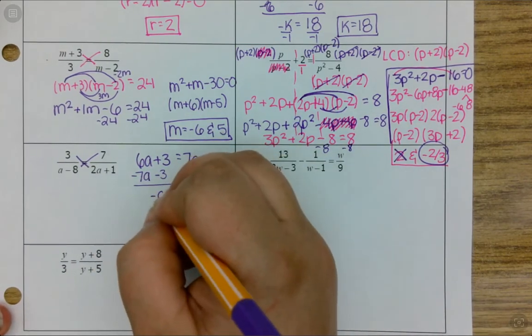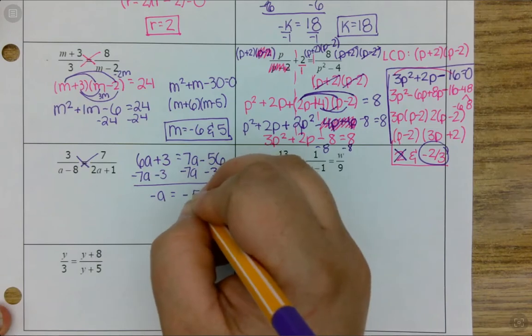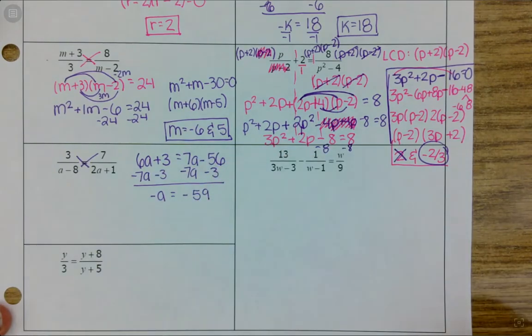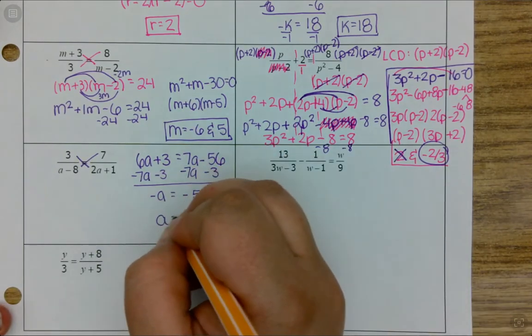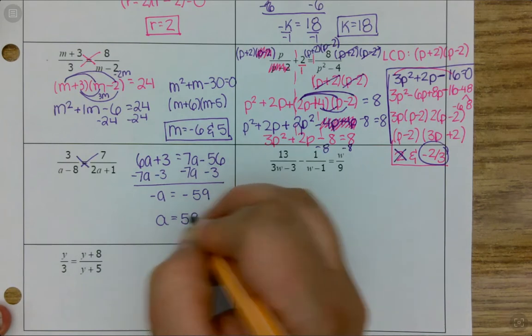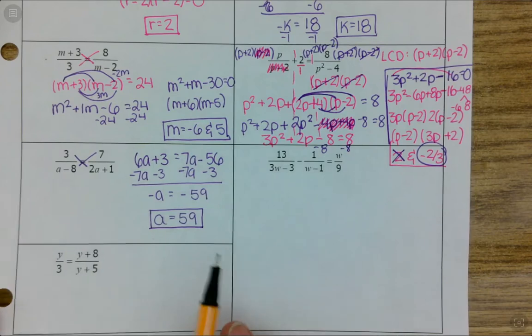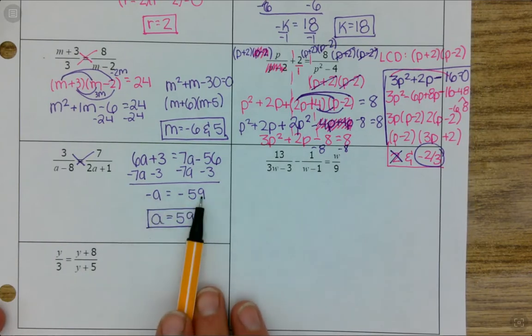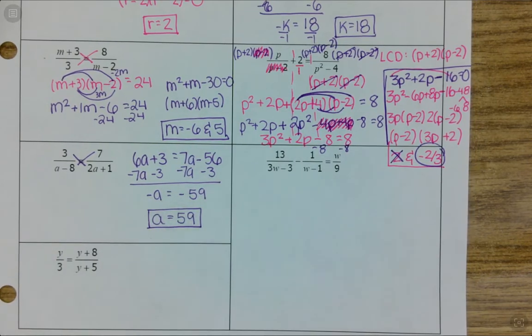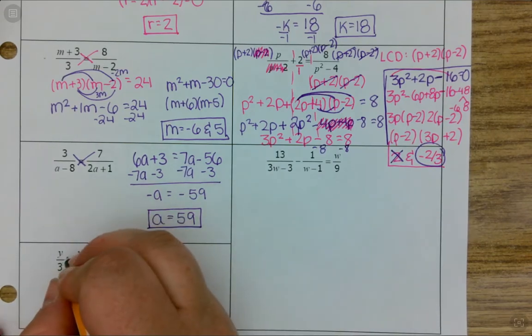And we get negative a equals negative 59, which really means a equals 59. You can either think of that as canceling out the negative on both sides or dividing by -1 on both sides. And that's it.